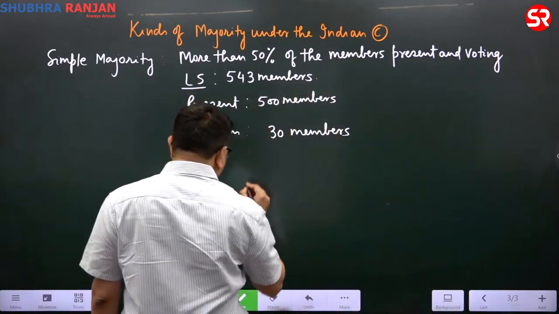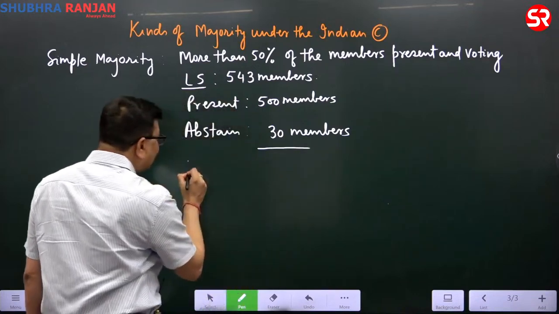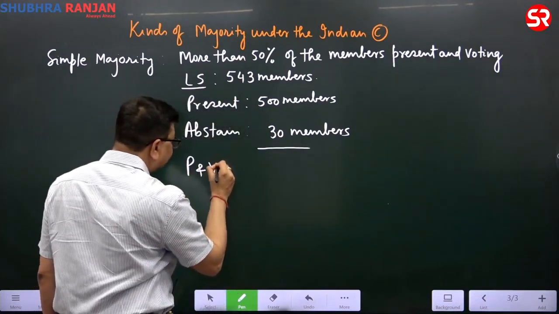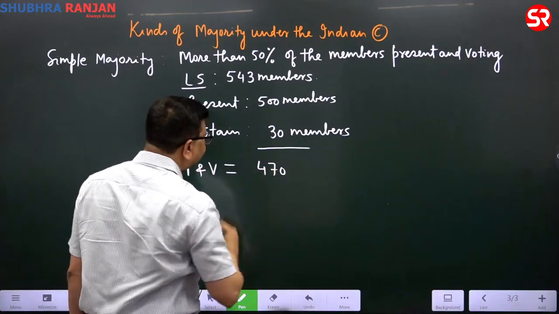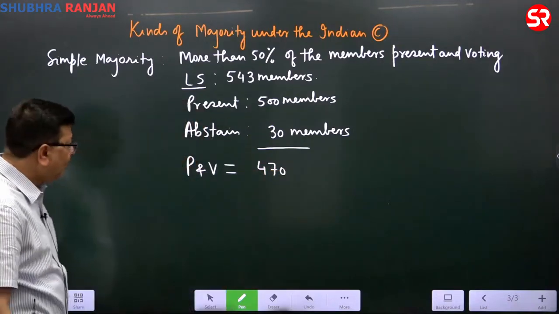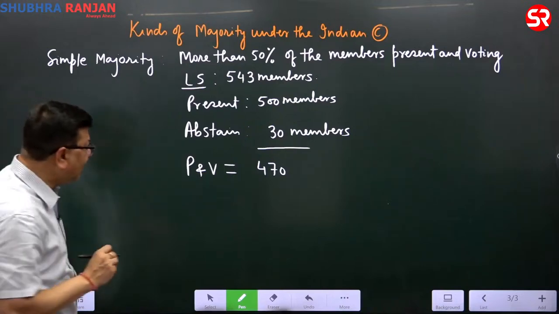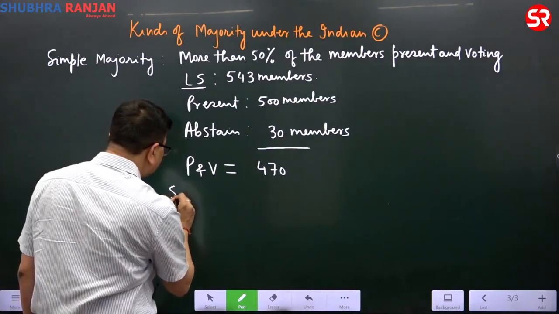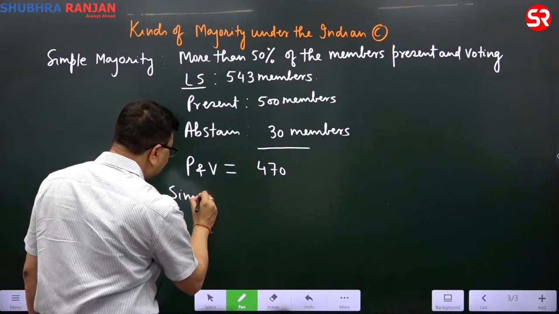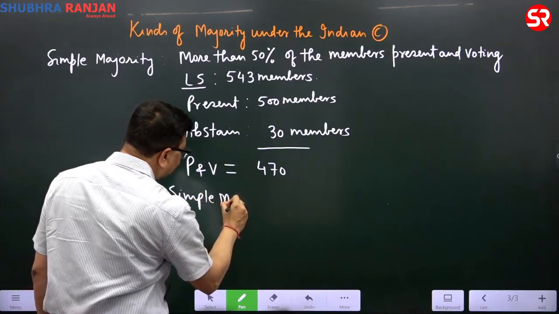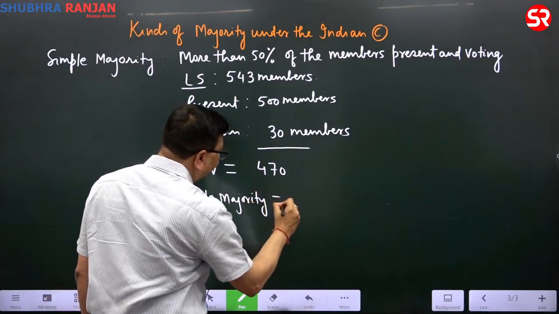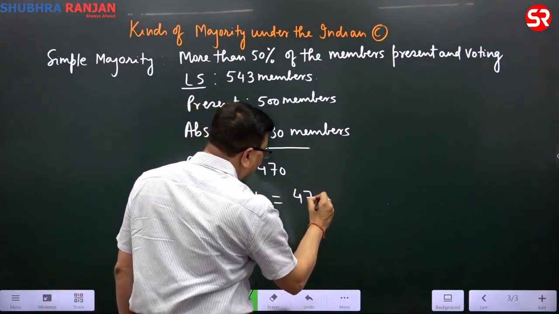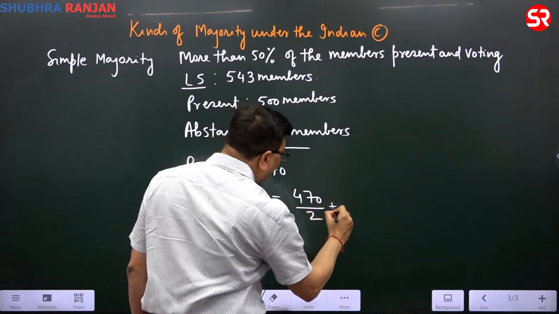So here present and voting will be 470, and the simple majority required here will be 470 divided by 2 plus 1.